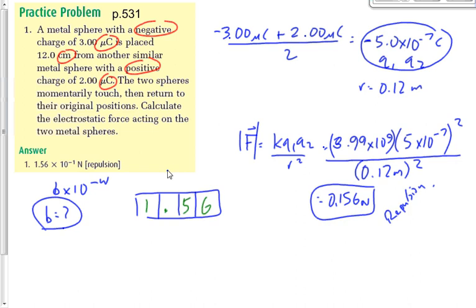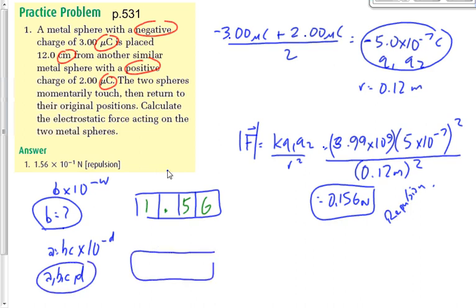If they asked me to express that as a decimal bc times 10 to the negative d, a, b, c, d, what would be my answer? 1, 5, 6, 1. Okay. So there's a couple ways they could ask us to express that answer.